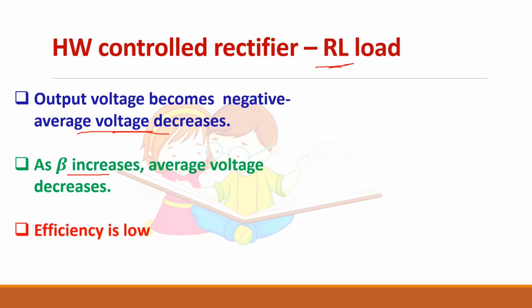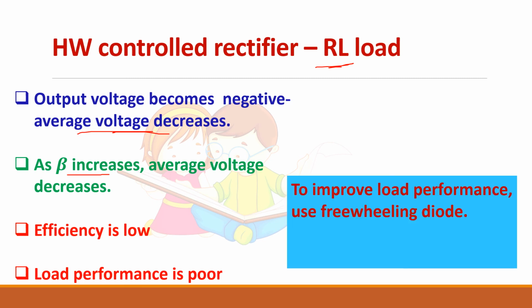Because of that, efficiency is low, since we don't want a rectifier to have very low output, and load performance is poorer. So what we can do is use a freewheeling diode, which helps to remove this negative part, and thereby the average voltage will increase.